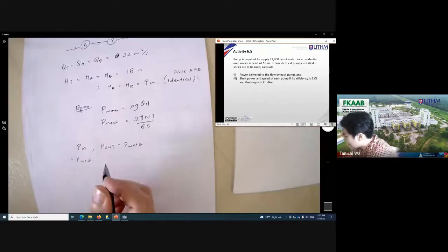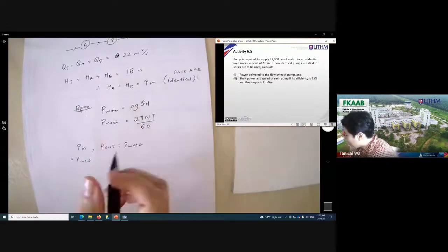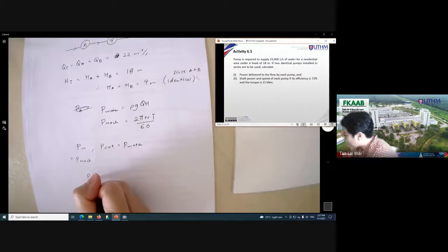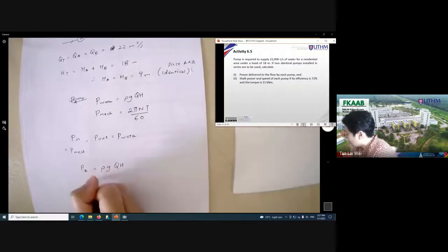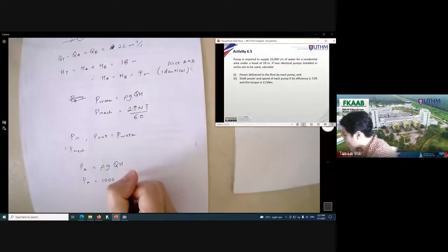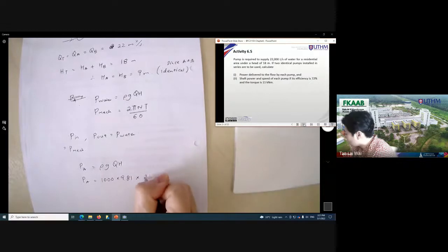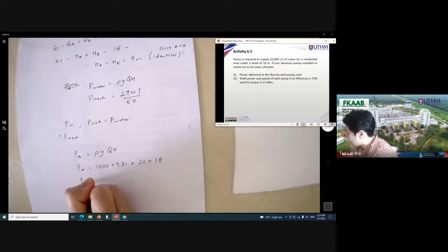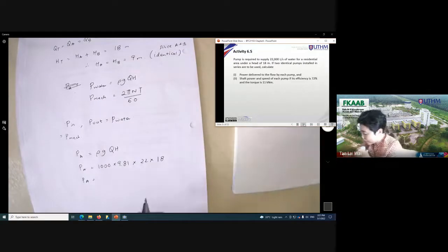So what we have here is you can find the power produced by each pump, which is PA equals to rho GQH. That will give you 1,000, assuming 1,000, the density of water, 9.81 times 22 times 18. So that will give you, how much? Oh, sorry.